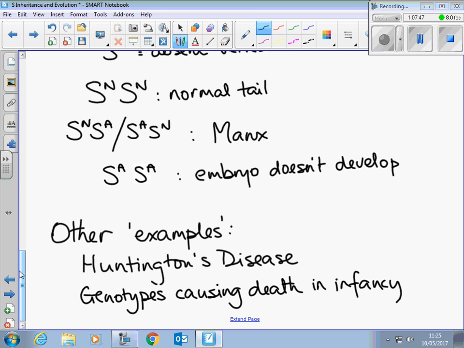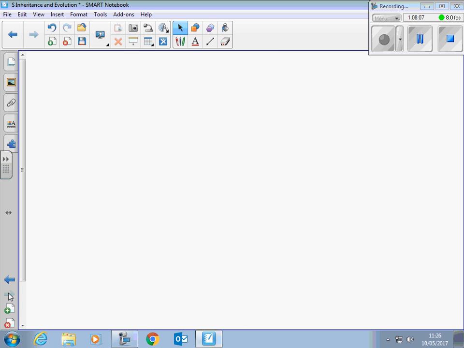So the number of individuals in a population with a particular genotype will be less in terms of the disease or more in terms of the normal condition. It will appear that it's less prevalent than it is. Okay, now that then leads me on to sex.